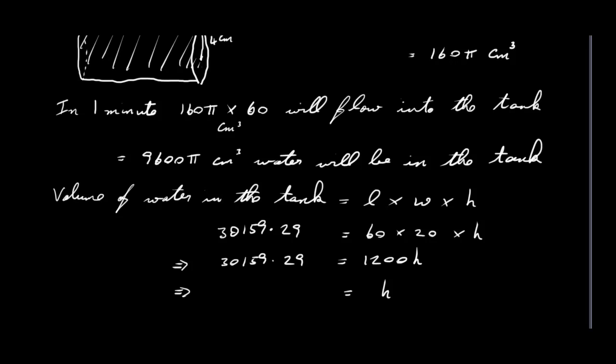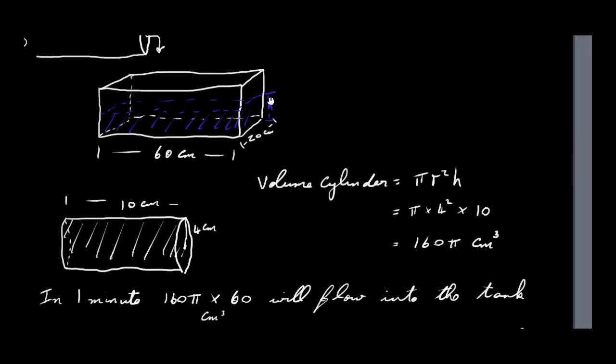If you do that, and again I'm going to round to 1 decimal place, let's say the question asks for the answer to 1 decimal place, the answer here would be 25.1 centimeters. So in other words, this height here, the water would have risen by 25.1 centimeters. And that's it for this particular video.